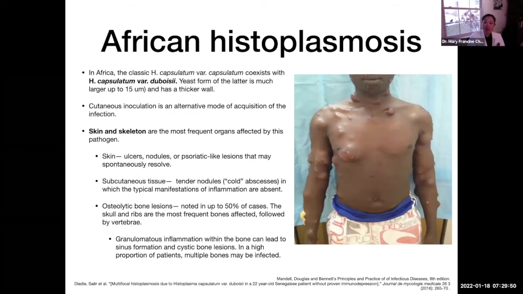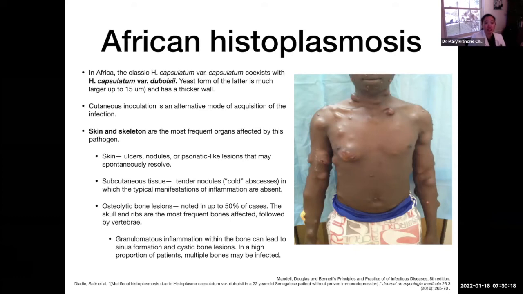And then there's also African histoplasmosis. In Africa, the classic Histoplasma capsulatum variant capsulatum coexists with the variant duboisii. The yeast form of the latter is much larger and has a thicker wall. The mycelial forms, you really can't distinguish between variant capsulatum and variant duboisii.